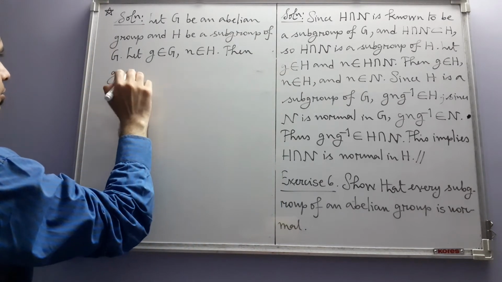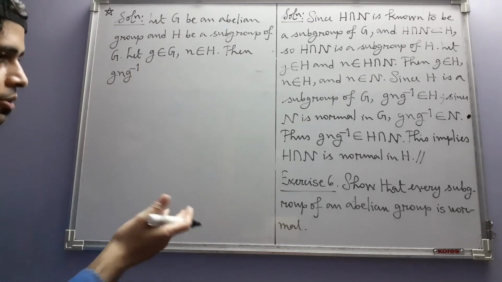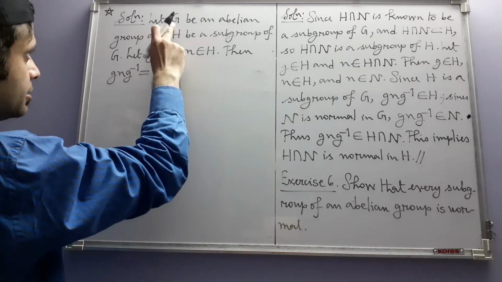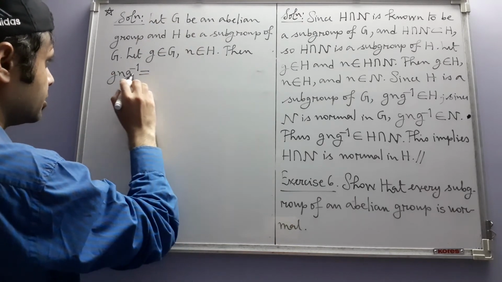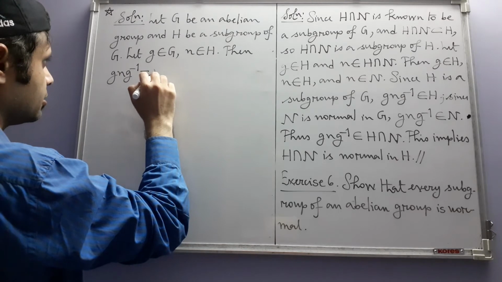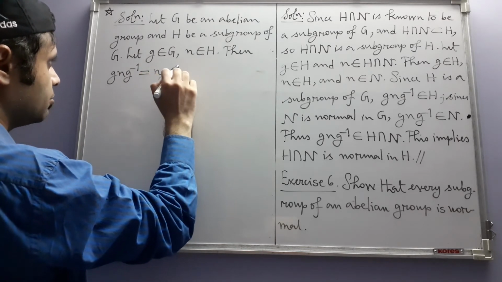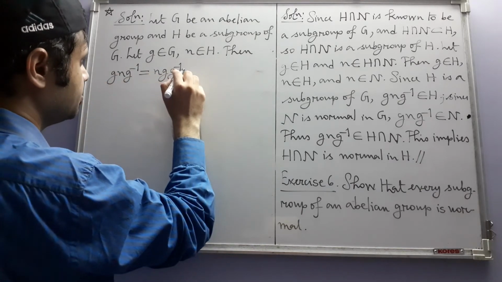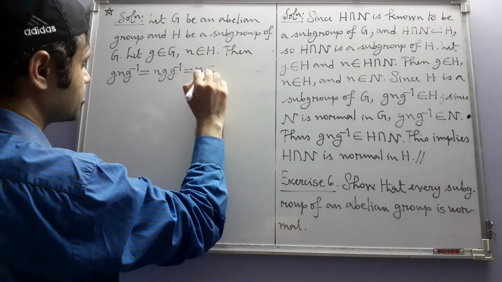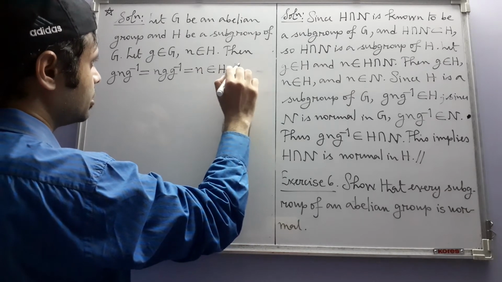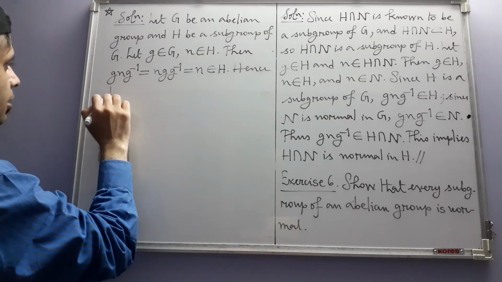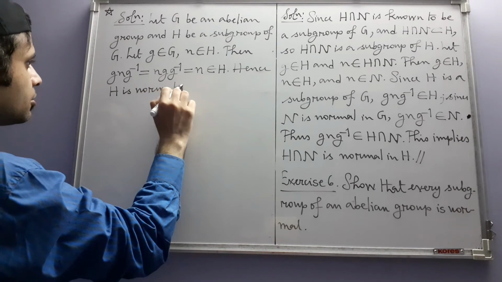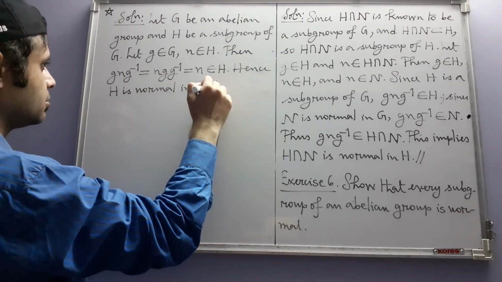g n g inverse, if we can show that this element belongs to H, then that will prove H is normal in G. But it is given that G is abelian, so this g n g inverse can be written like this: n g g inverse, because g n is equal to n g, they commute, and this is equal to n, which belongs to H, hence H is normal in G. That's it.